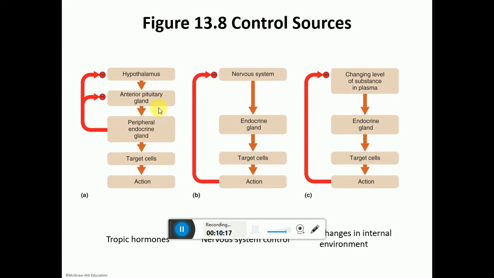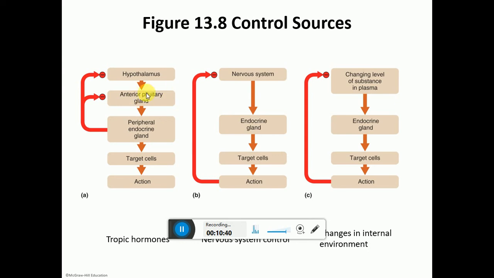And so I'll give you an example. The hypothalamus is going to make what is known as TRH, thyroid releasing hormone. So the TRH, or thyroid releasing hormone, released by the hypothalamus will reach, not through the bloodstream, but through an axis.